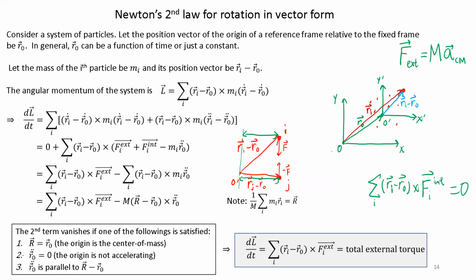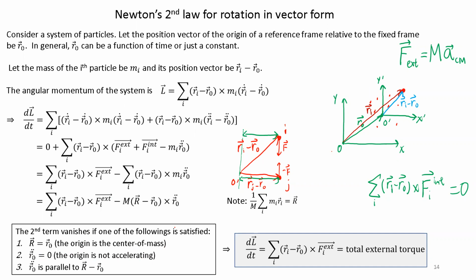And in fact, you realize that these two are very common choices, right? In many problems, we do select the center of mass as the origin of our coordinate system. And also, except for one chapter, we always have the coordinate system not accelerating.